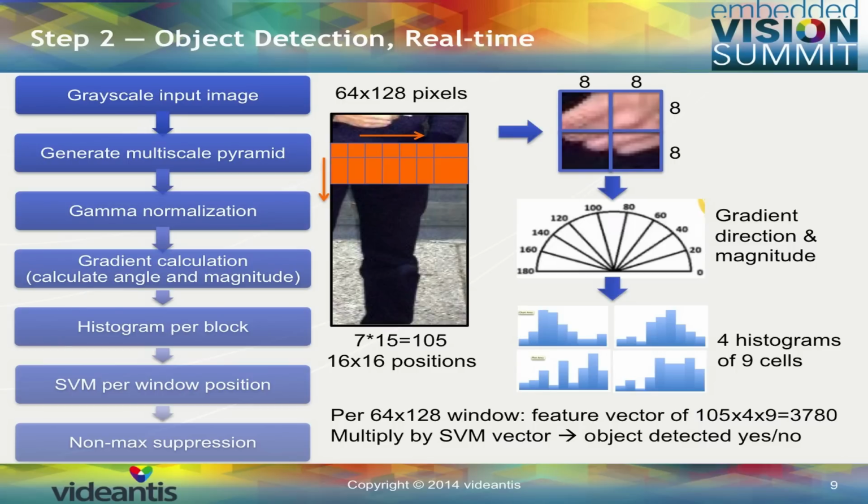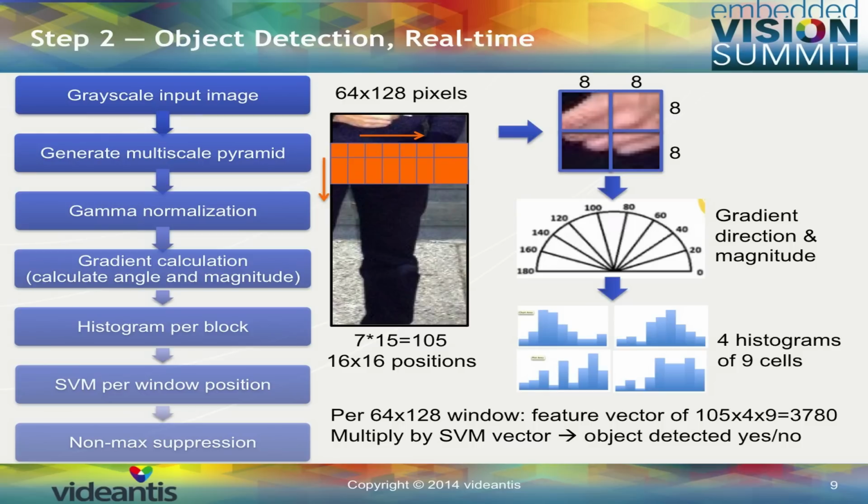And for each of these pixels, you calculate the gradient, so the direction of the slope, and how steep the slope is, so the magnitude, and you put those in a histogram. So for this 16 by 16 block, you get actually 4 histograms, and typically this gradient is divided into 9 cells. Some people use fewer cells, maybe 8, but the original paper used 9 cells.